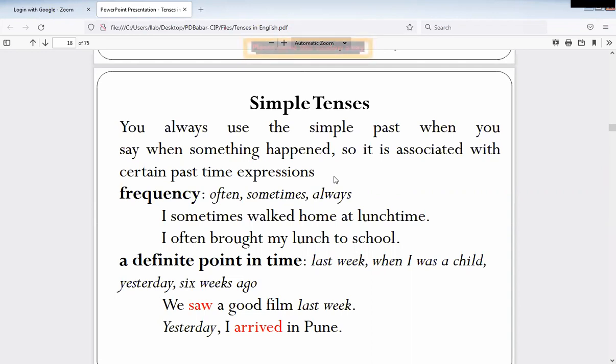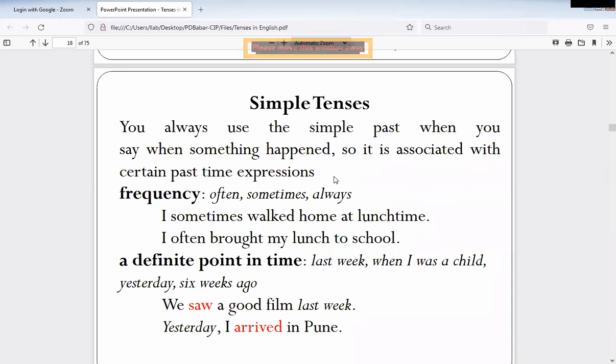I often brought my lunch to school. So if there is a student, he is bringing his lunch box to school. Okay, he often brought his lunch to school.